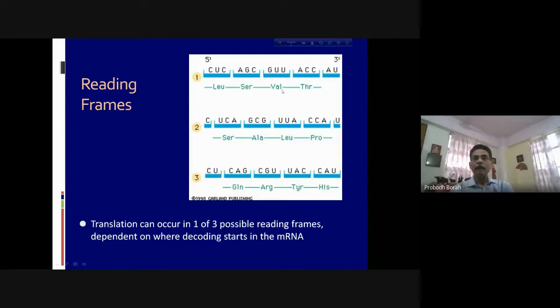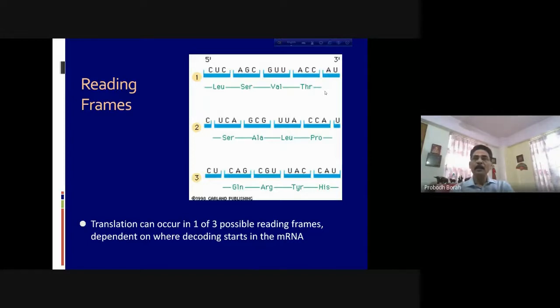Therefore, in the gene sequence, there should be at least 200 or more functional codons contiguously present without a stop codon in between. And that type of sequence can be regarded as a real coding sequence, and it is referred to as an open reading frame.